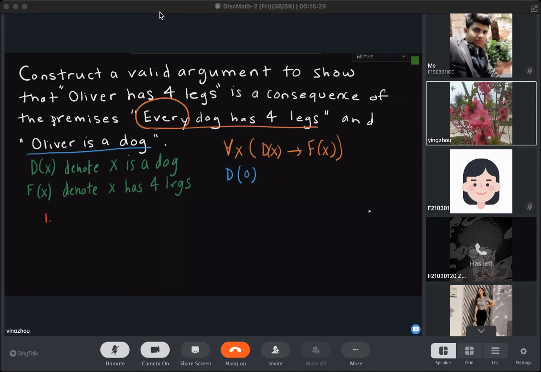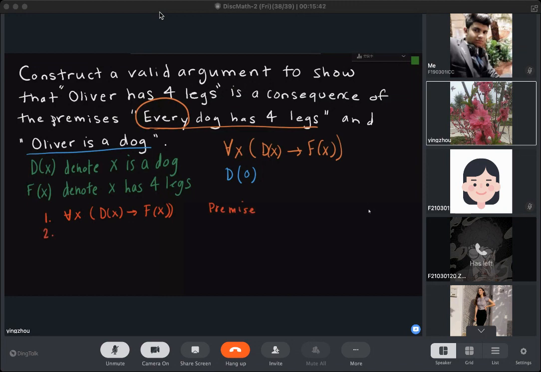So let's see how we do. Number one, I'm going to use for all x, if d of x, then f of x. And that is a premise that was given to me.